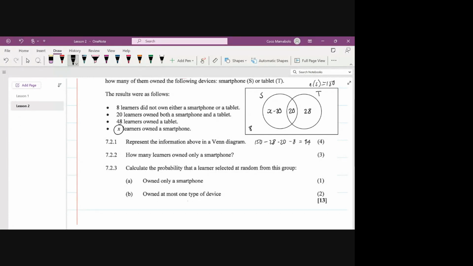And you can do out the calculation as we go, right? So you can say X minus 20 plus 20 plus 28 plus 8, all of that equals 150. And you can work your way backwards for X. You'll find exactly that. All right.